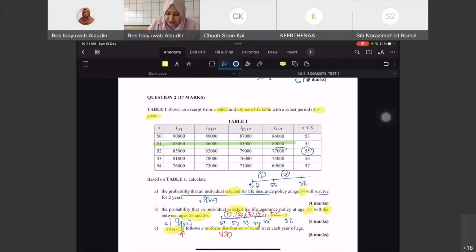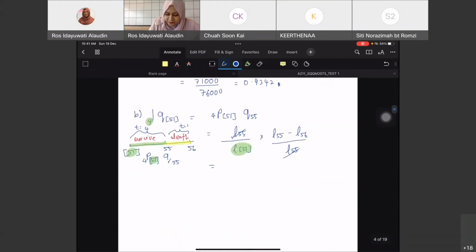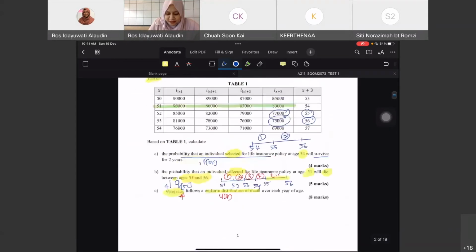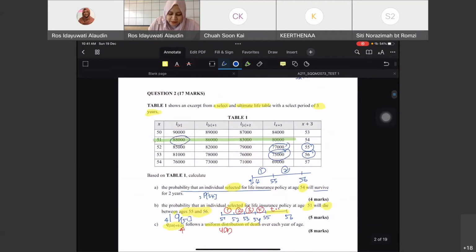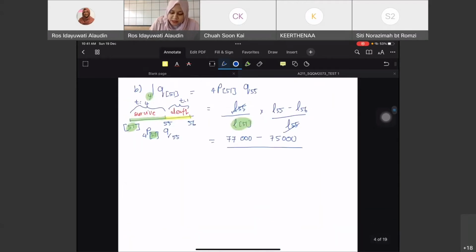So l55, we can refer here. l55 is 77,000. l56 is 75,000. So 77,000 minus 75,000 over l51 in the bracket, which is this one, l51 in the square bracket, is 88,000.